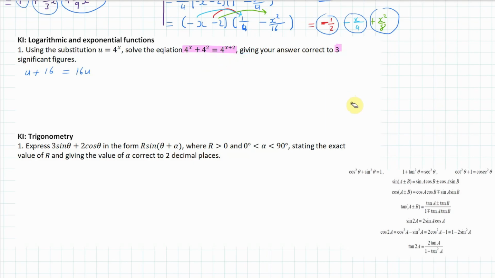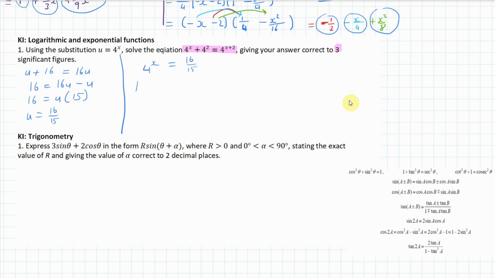So then I'm just going to pull the u across to the 16u. And so I get 16 is equal to u into 15, and so u is equal to 16 over 15. Now, that means that 4 to the x is equal to 16 over 15.